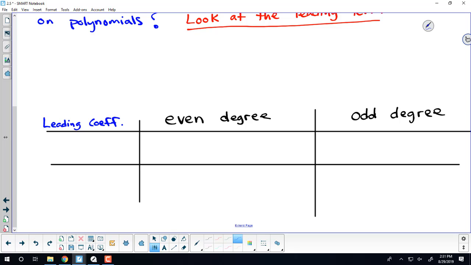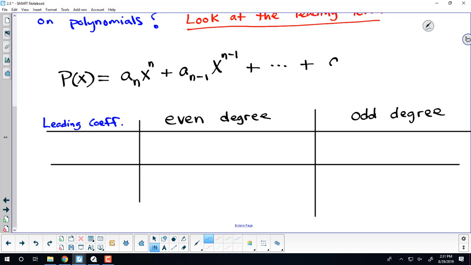Just for notation purposes, here's our polynomial: capital P of x is a sub n times x to the nth power plus a sub n minus 1 times x to the n minus 1 plus, and so on, plus some constant a sub 0. So we'll call that leading coefficient a sub n.